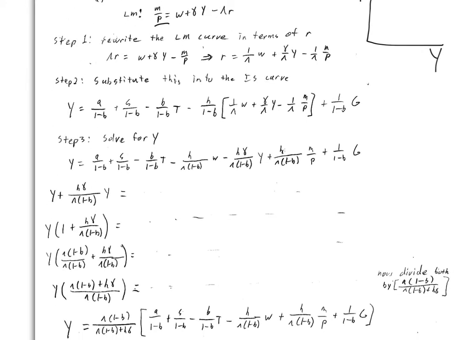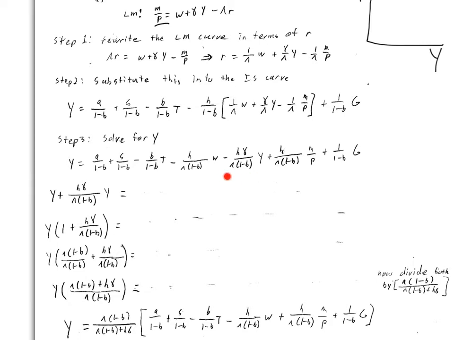Notice I have a Y on this side of the equation and a Y on this side of the equation, and I want to try and get to the point where I've got Y equal to just exogenous variables on the left-hand side. So I distribute through the negative h over 1 minus b to each piece here, and that's where I get this piece, and this piece. Keeping track of the negative signs is important.